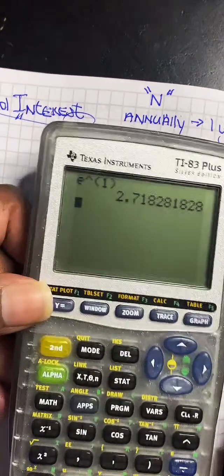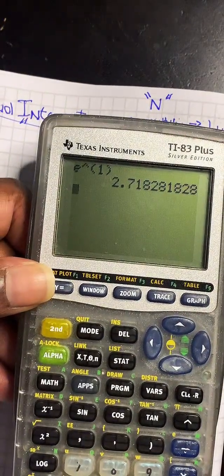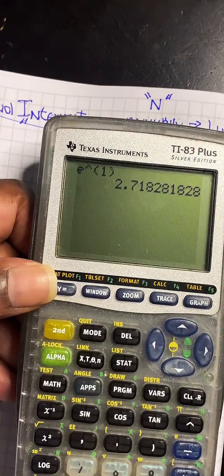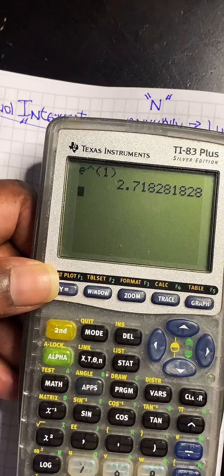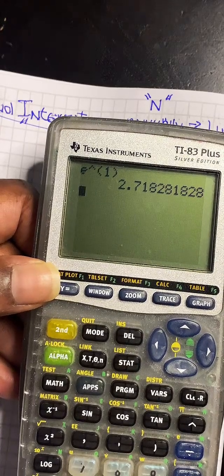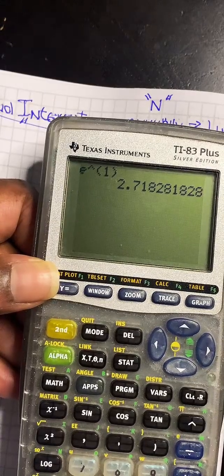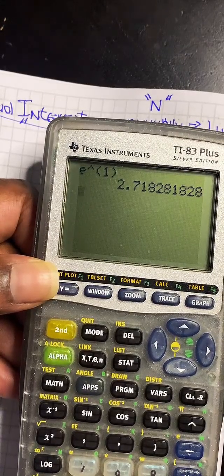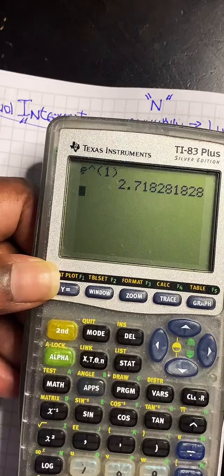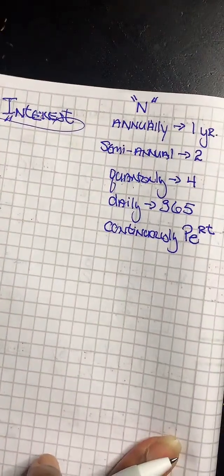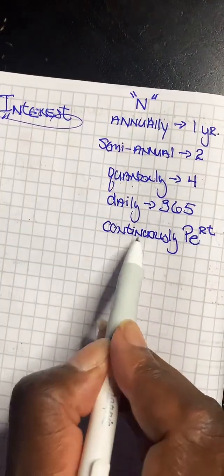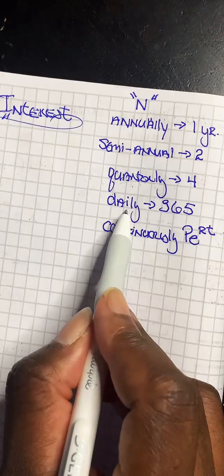So continuously doesn't mean every day. It means every second, every nanosecond. It's constantly gaining interest. Constant. No matter what. No matter if it's a holiday, no matter if it's a leap year and all this stuff, it's constantly growing. Growing or failing. So a lot of people, when they see constantly, think it means daily.